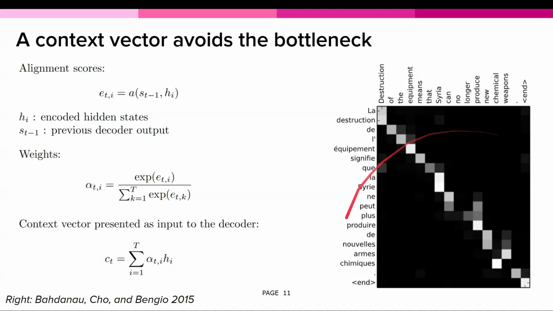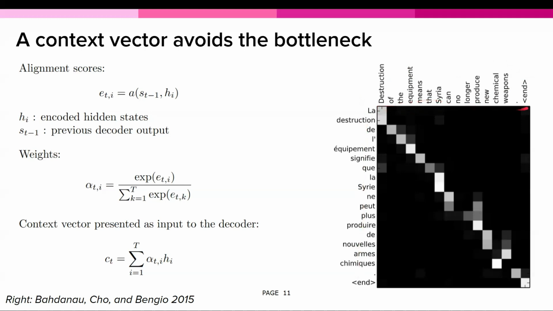So on the right hand side here, this is a visual representation of attention weights, specifically for the case of an English to French translation example. We've got an input sequence consisting of the words: destruction of the equipment means that Syria can no longer produce new chemical weapons. And then we're translating that into French.